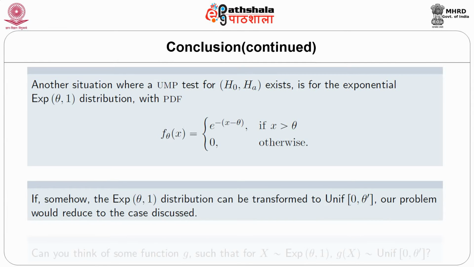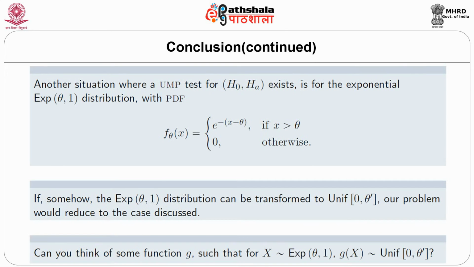So, for mu less than mu naught and mu greater than mu naught, uniformly most powerful tests are available, but they are entirely different. So, you cannot find a uniformly most powerful test for testing mu naught against mu not equal to mu naught. But here you find a uniformly most powerful test against a two-sided alternative.